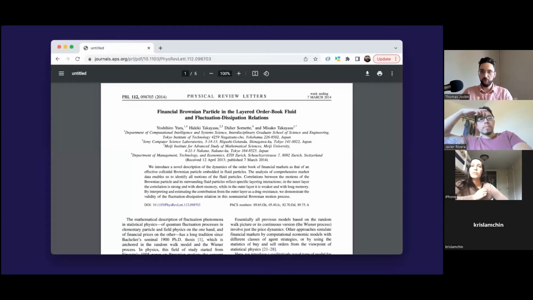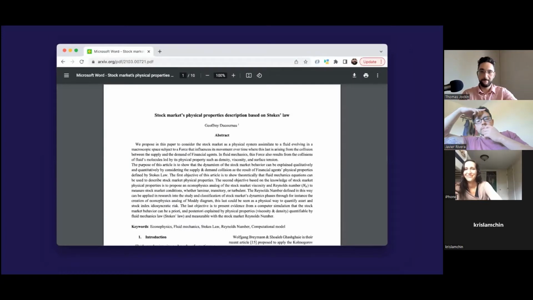It's true. You can look up research documents in the finance literature that use physics terminology, math, models, and modes of discussion to understand markets. Brownian particle movement is one of the examples of it. And then here's another one.